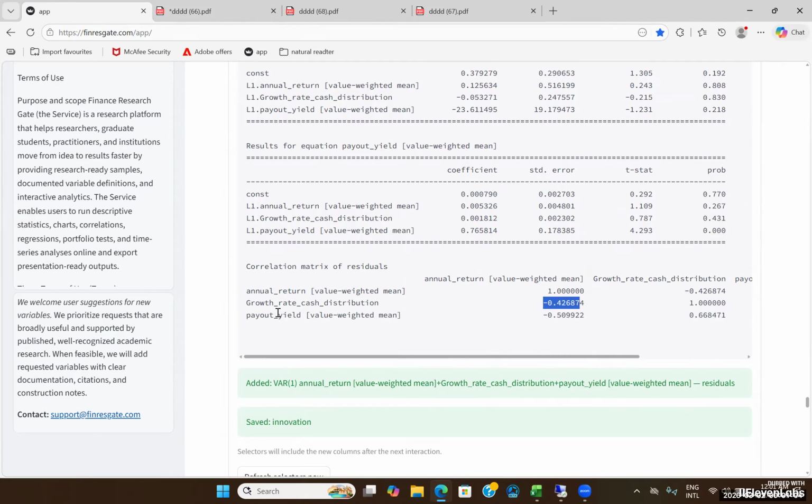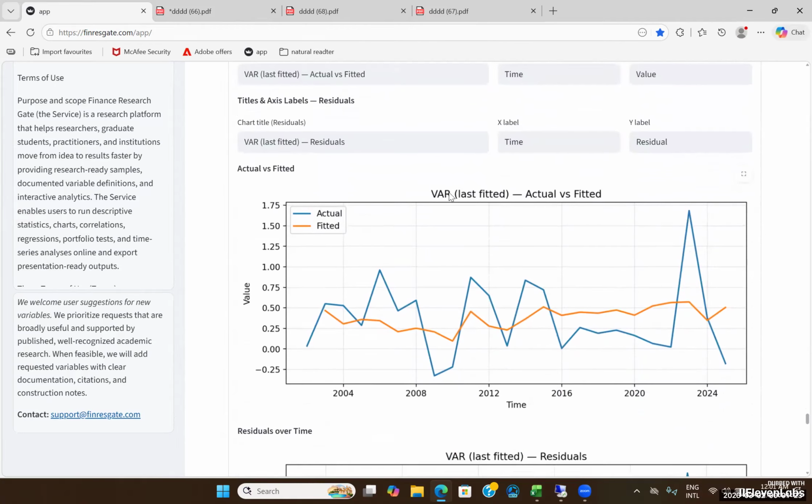Essentially, these two factors tend to move in opposing directions, and we observe the very same pattern when we consider the payout yield as well. A higher degree of annual return innovation is typically associated with a correspondingly lower level of payout yield innovation.